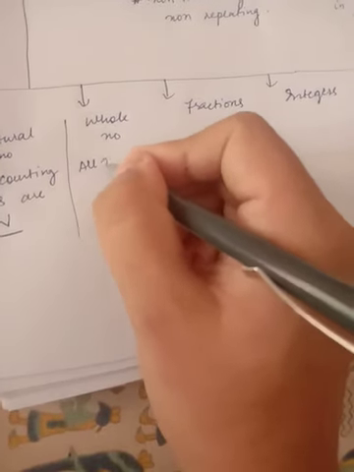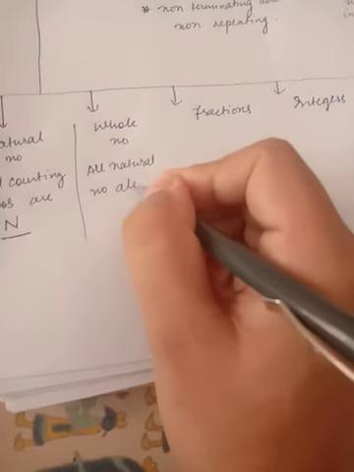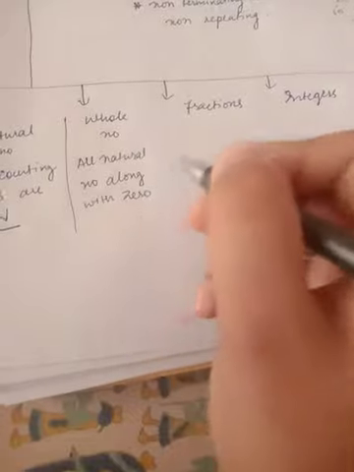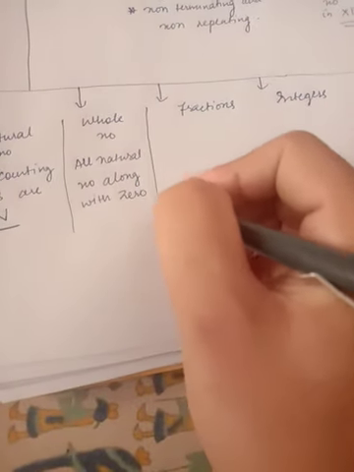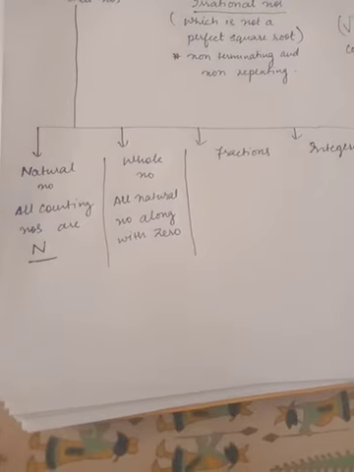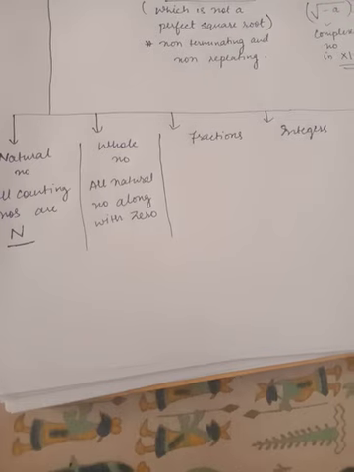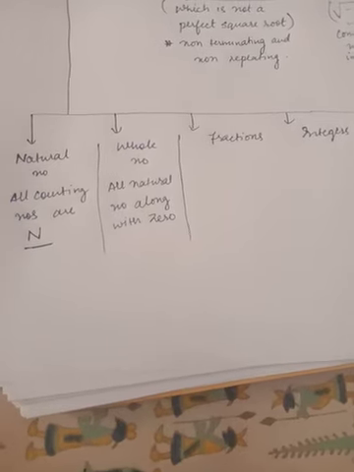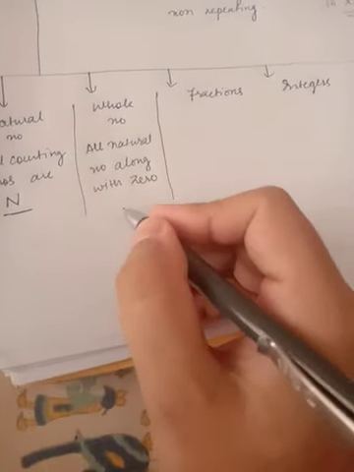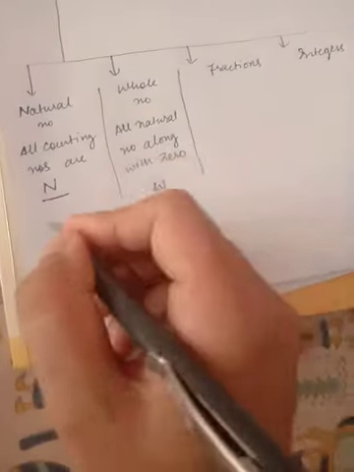All natural numbers along with 0 are whole numbers. This is the major definition of what we call whole numbers, and it is denoted by W. Keep it in mind.